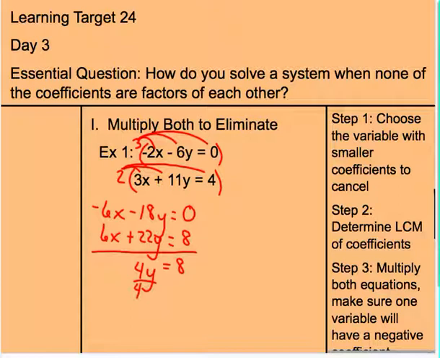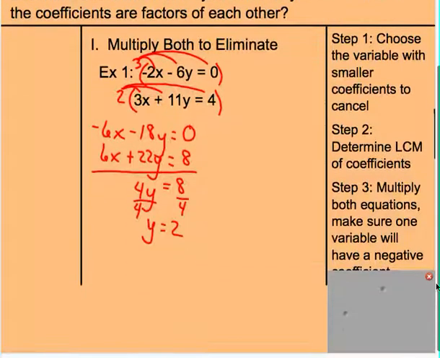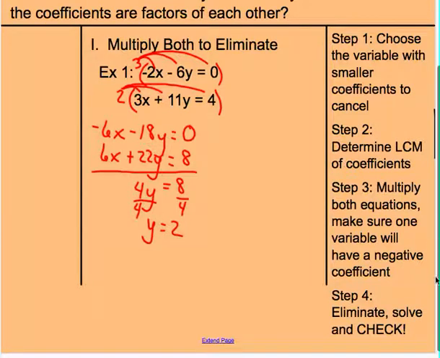So dividing both sides by 4, I get y equals 2. All right, so substituting the 2 back into one of the original equations, I'm going to choose my second equation just because there aren't any negatives.